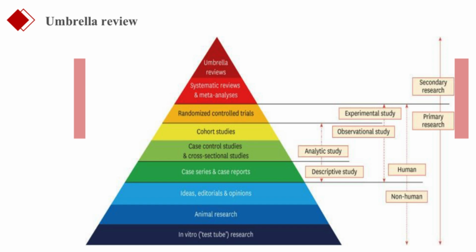Then you can see the randomized control trials are the experimental studies; cohort studies, case control studies, and cross-sectionals are analytical studies. We analyze what's going on. Case series and case reports are descriptive studies. You literally just describe exactly what happened.